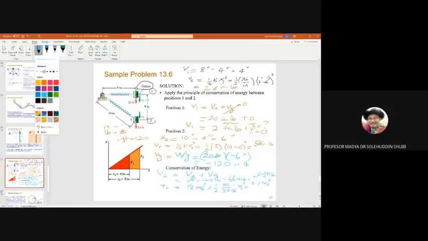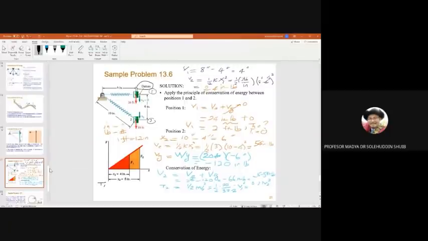We use a universal color. Please tell me what is the formula of conservation of energy?